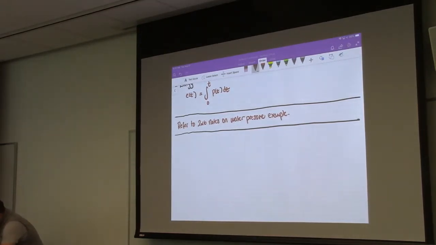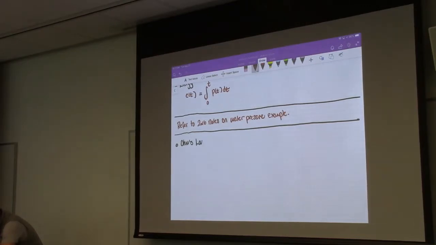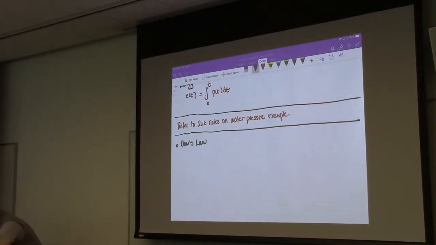Okay, so continuing on, Ohm's Law. Ohm's Law is going to describe the relationship between voltage and current. So what we see is that voltage is equal to current times resistance.